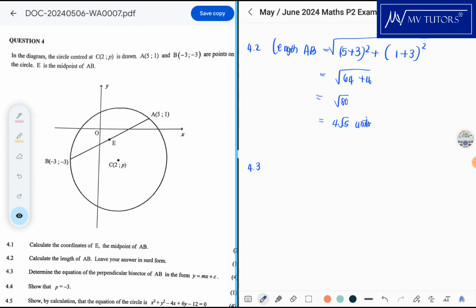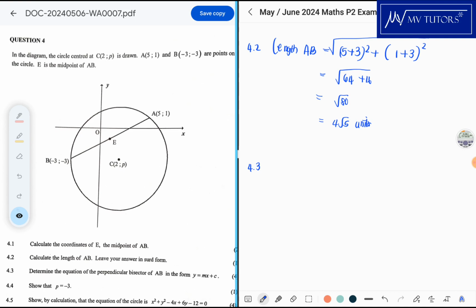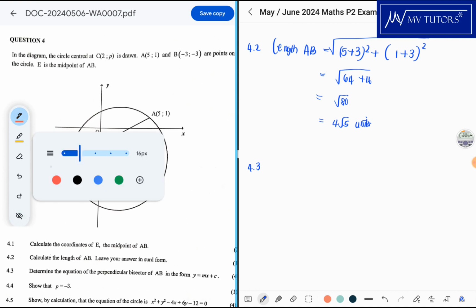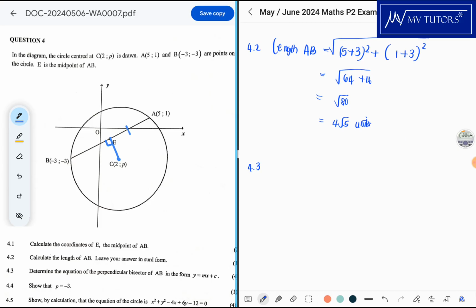Okay, so what they want, perpendicular bisector, you know that the line from the center to a chord is perpendicular to the chord, and it also bisects the chord. Okay, so what they're looking for basically is the equation of CE.